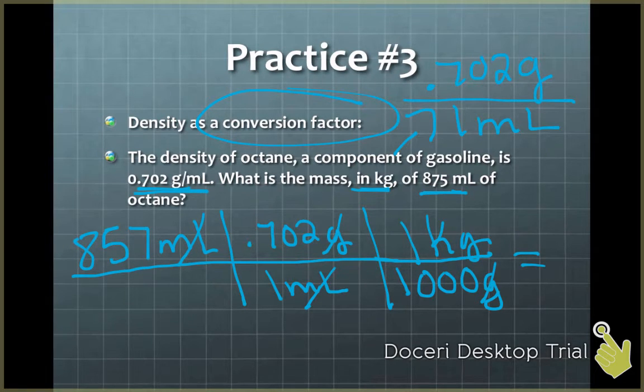So in your calculator, if you do 875 times 0.702 and then divide it by 1,000, you get an answer of 0.602. And the reason I kept 3 digits here is because 875 has 3 significant figures, and then of course I need a unit of kilograms.